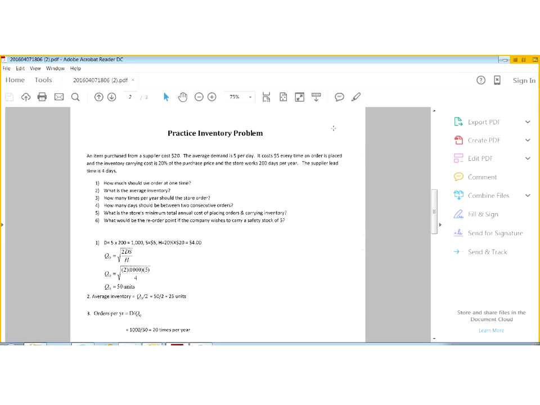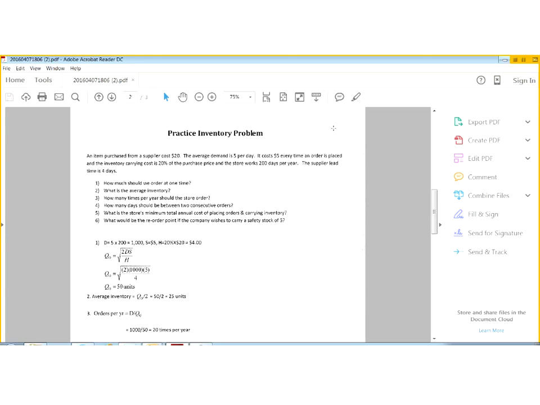So if you make that mistake, you're going to get the wrong answers. Also, since your answer for the economic order quantity is going to be used in answering all the other questions, it's very important that you know that you have not made a mistake in this calculation. If you make a mistake here, it is going to compound your errors with the other parts. So take a few extra seconds and go through the calculations and just make sure that you have this exactly correct.